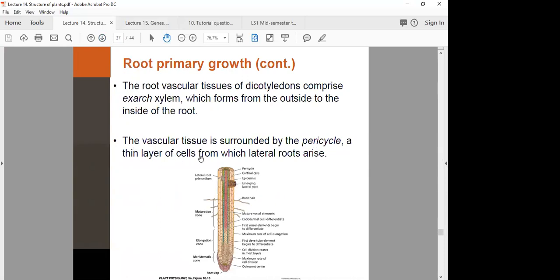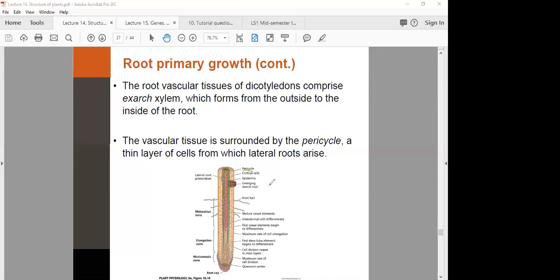This is a thin layer of cells from which lateral roots arise. So I'd like you to locate the pericycle here. So here it is, pointing to this green layer of cells.